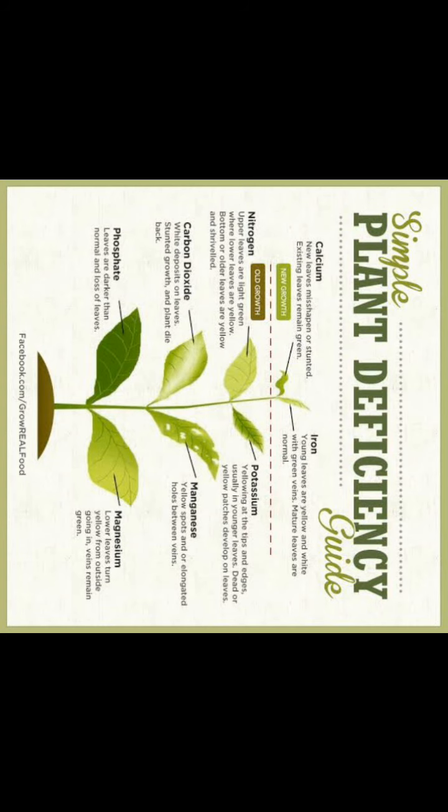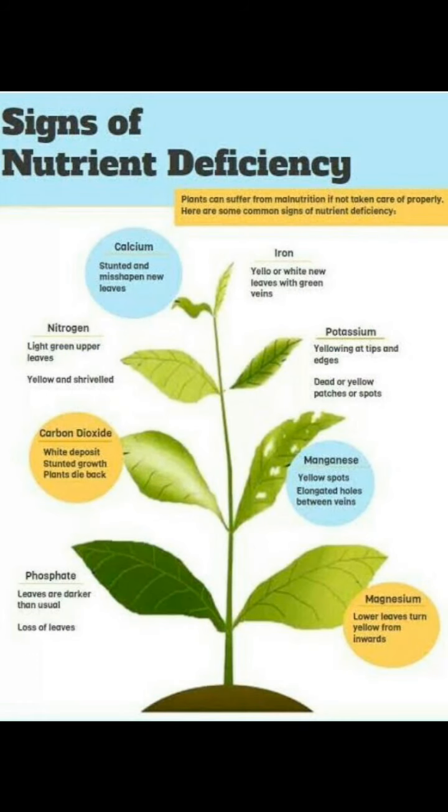The deficiency symptoms tend to appear first in the young tissues whenever the elements are relatively immobile and are not transported out of the mature organs. For example, you can see this diagram. Elements like sulfur and calcium are a part of the structural component of the cell and hence are not easily released.